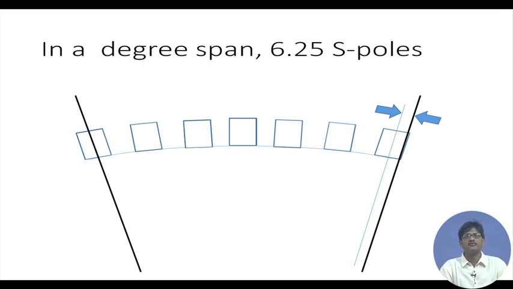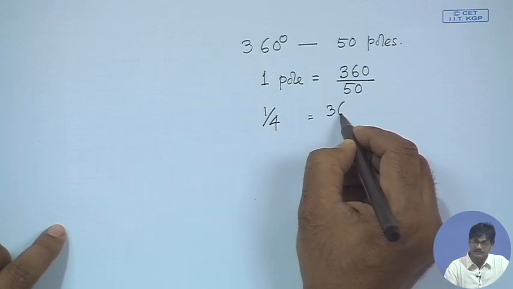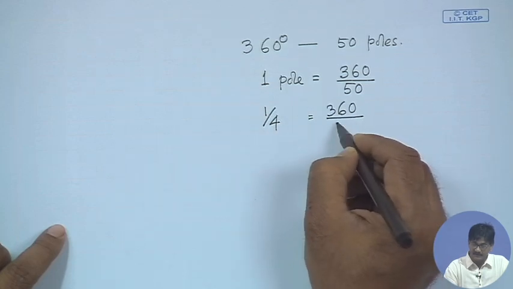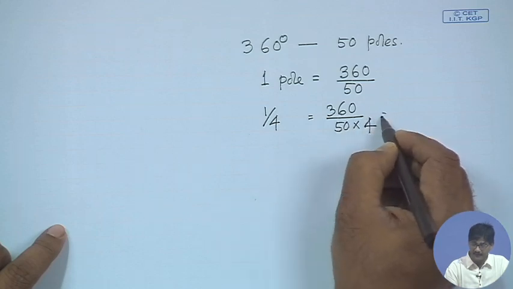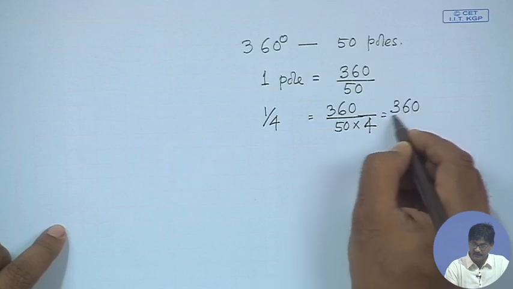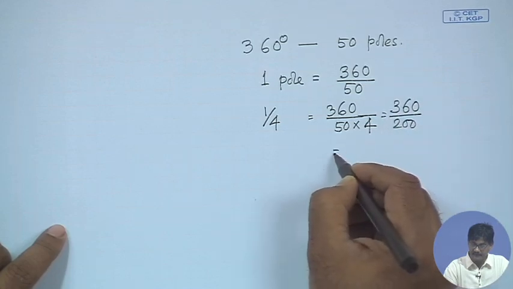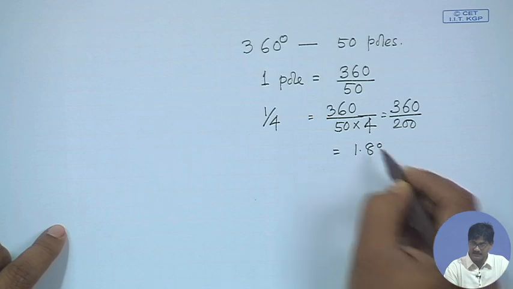Having understood this, how much is 1/4 of a pole? Well, if 50 poles are making up 360 degrees, let us have a quick look at the calculation. So, 360 degrees which are making up 50 poles, therefore, one pole will be 360 divided by 50, and 1/4 of it is 360 by 50 into 4, equal to 360 by 200, and there you have 1.8 degrees.